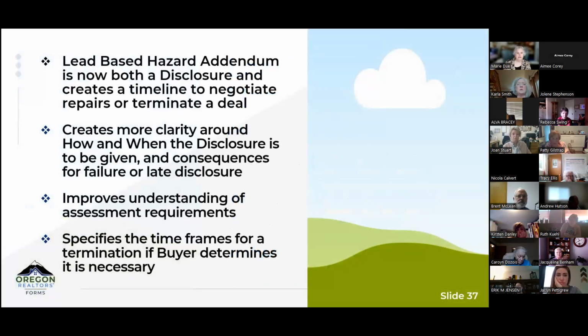It's an addendum that is now both the disclosure and creates a timeline to negotiate repairs, creates more clarity around how and when the disclosure is to be given, consequences for failure and late disclosure, improves the understanding of the assessment requirements, and specifies the timeframes for a termination if the buyer determines it is necessary. I got just tongue-tied this morning, I tell you.